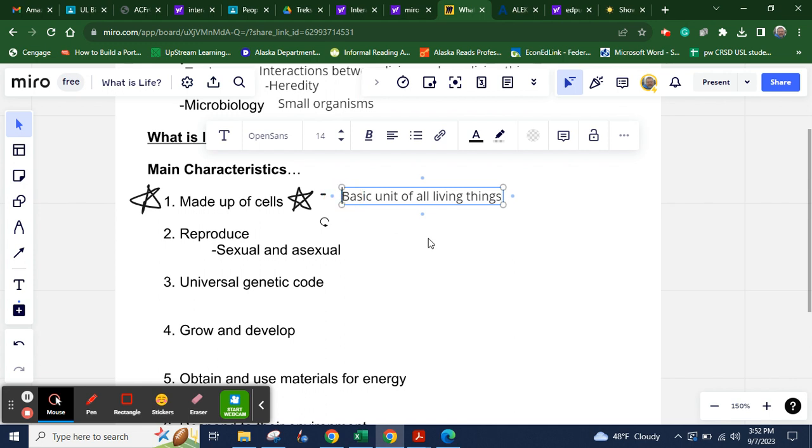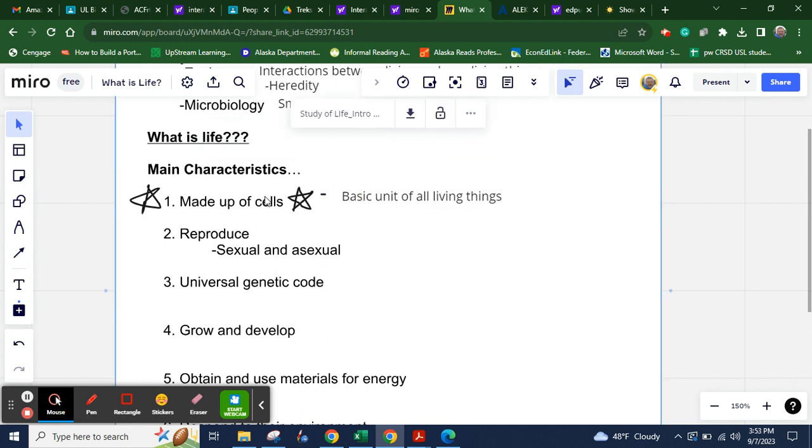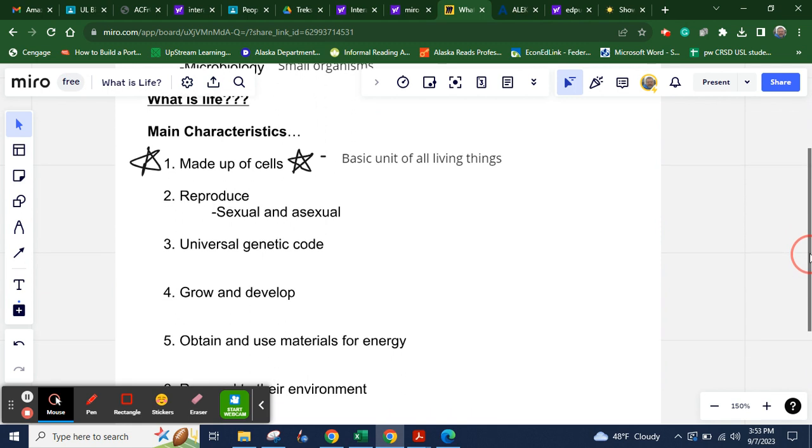So if you want to break it down, what is the main part of all life? What is it that every single type of life shares? They all have cells. They all start there, and because of this cell, it enables all these other things, or it has a connection to all the other things.